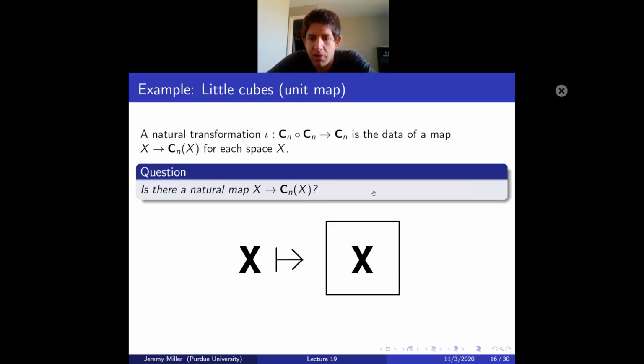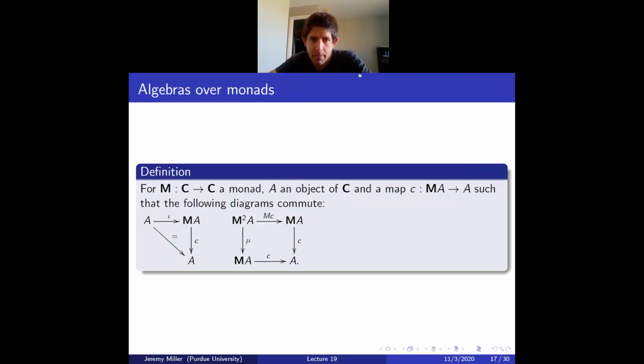Okay. Any other questions before we move on to algebras? Okay. So an algebra is an object of the category and a map from the monad applied to the algebra to the algebra. So I guess this is an algebra.